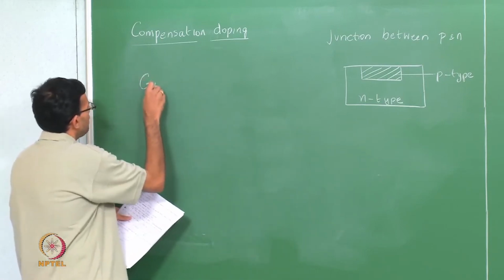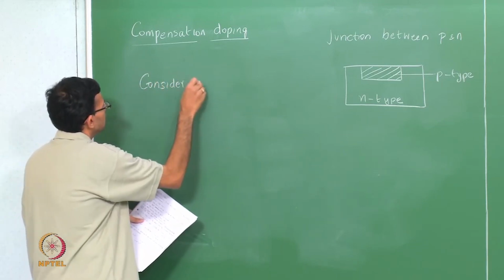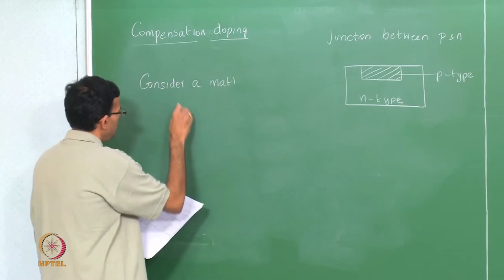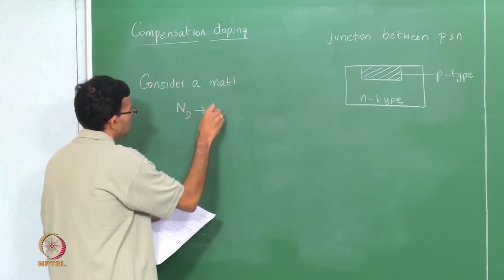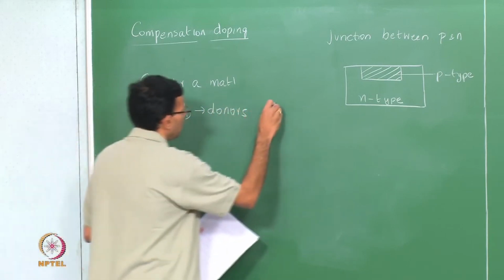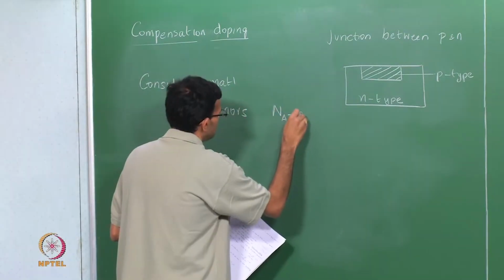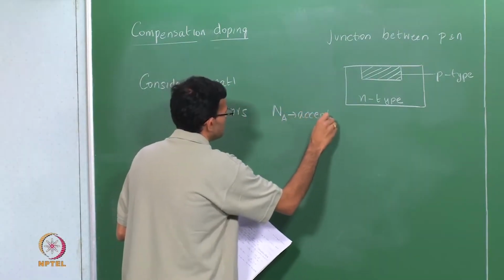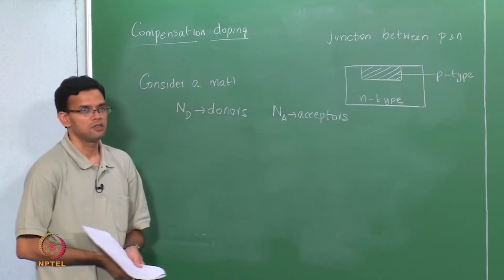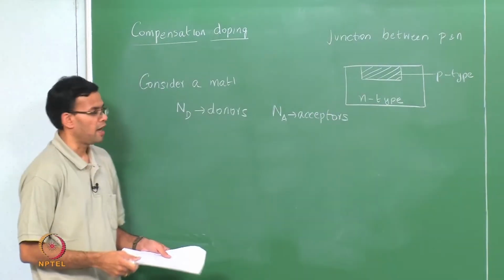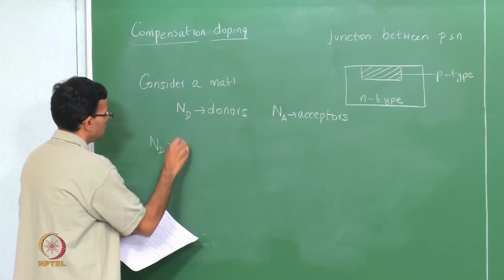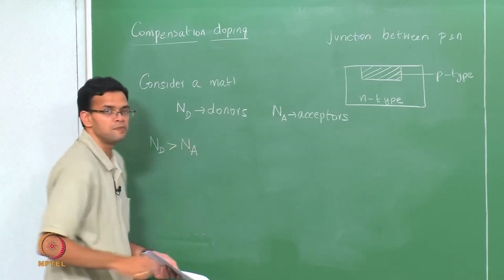So, consider a material where Nd is the concentration of donors. Donors are your n type dopants, and Na is the concentration of acceptors. You can have two scenarios. You can have a situation where Nd is greater than Na.